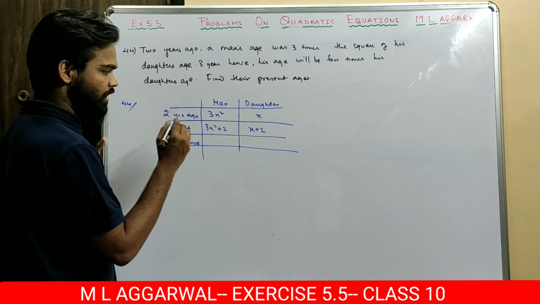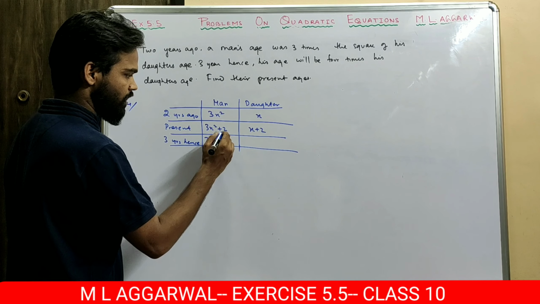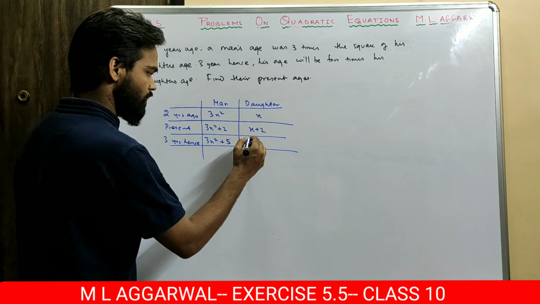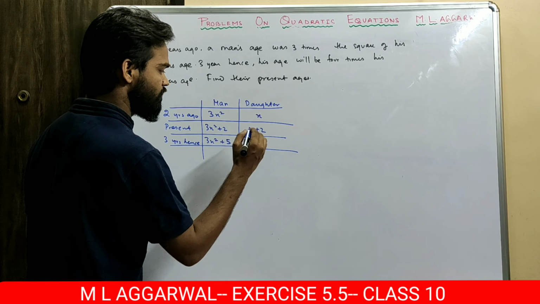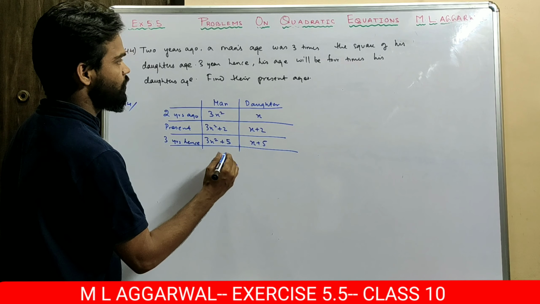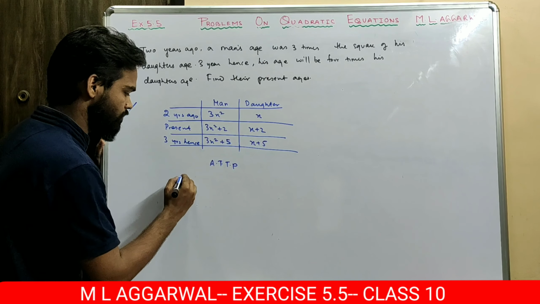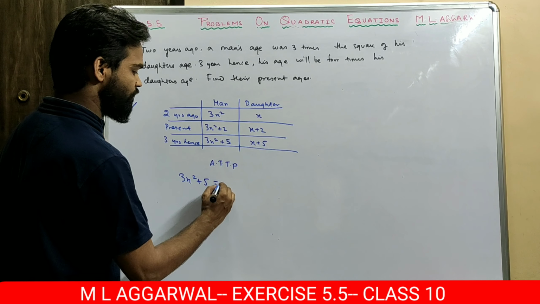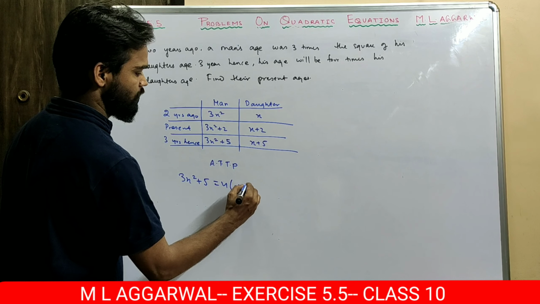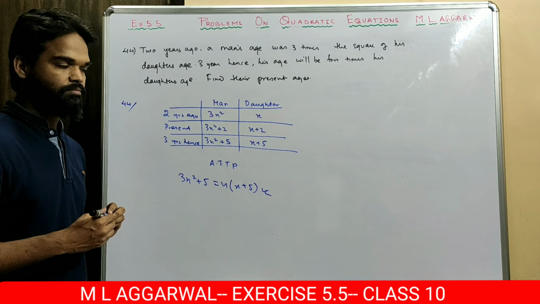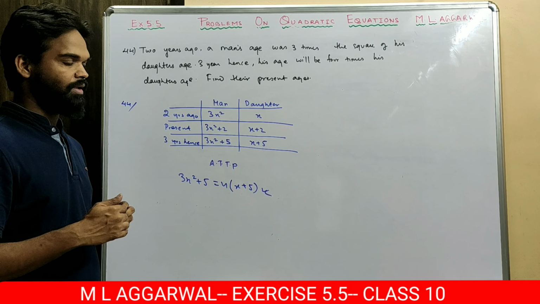Now 3 years hence, it will be 3x squared plus 5, 2 plus 3, and this becomes x plus 5. Now look, according to the problem, 3 years hence, his age, this means the father's age, will be 4 times the daughter's age. Done. That's the solution. So keep it till here and take care.